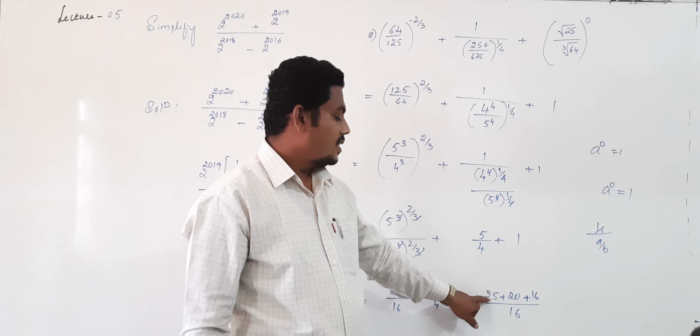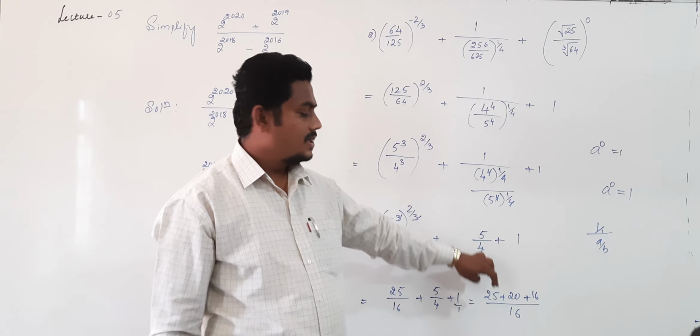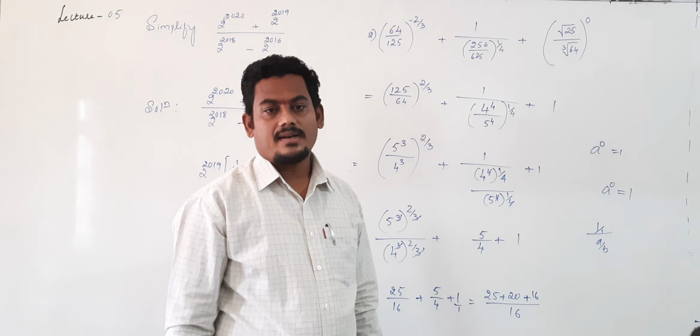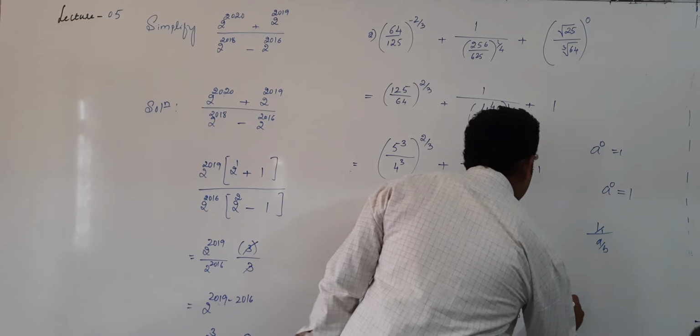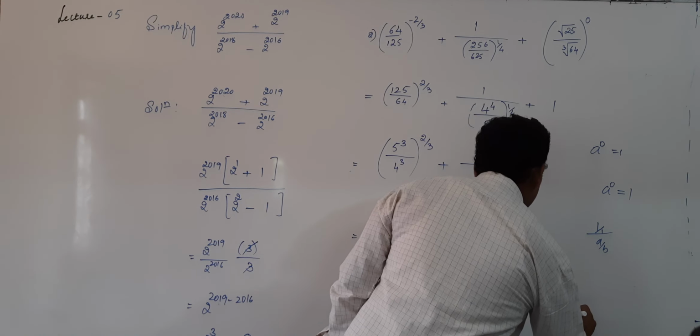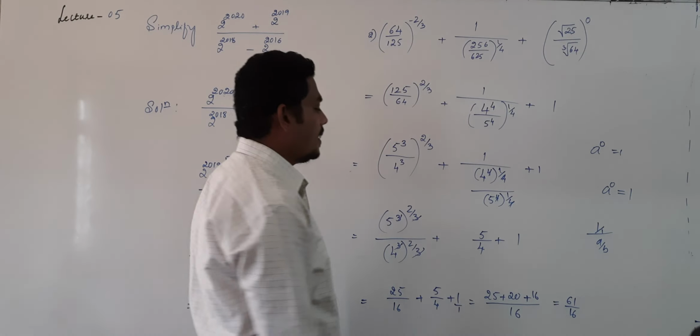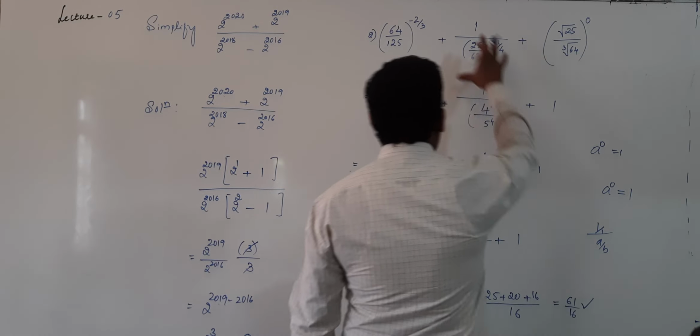Now 25 plus 20 is 45, 45 plus 16 is 61, which is equal to 61 divided by 16. It is the simplest form of this expression.